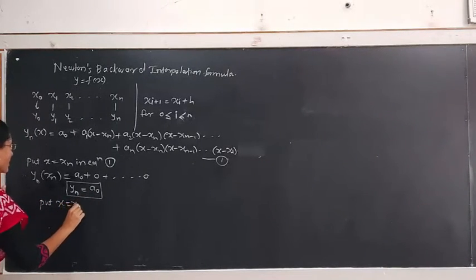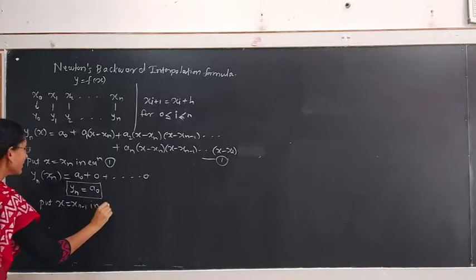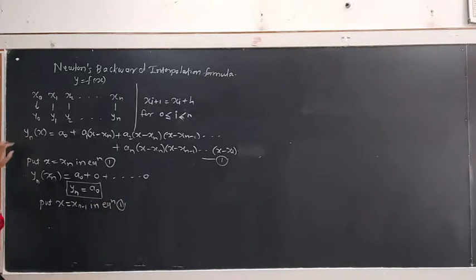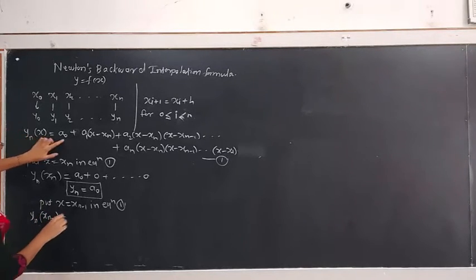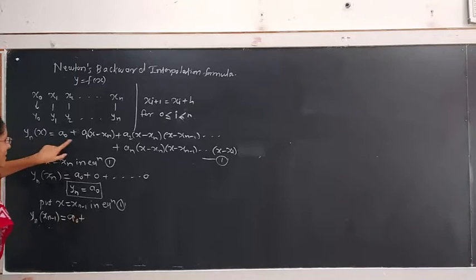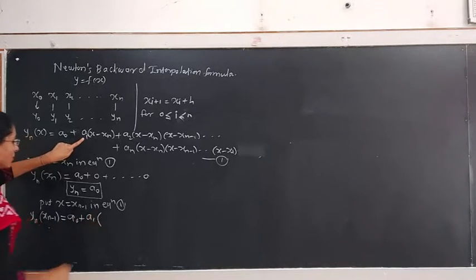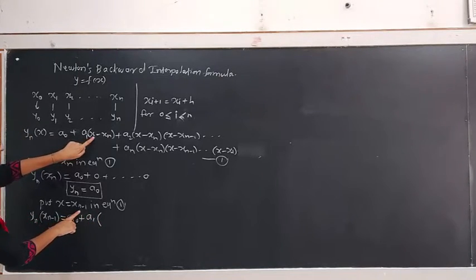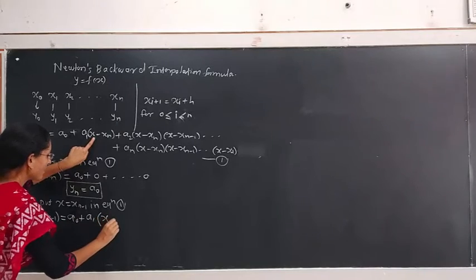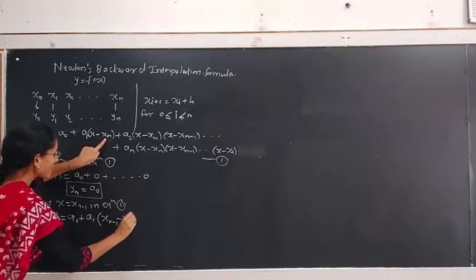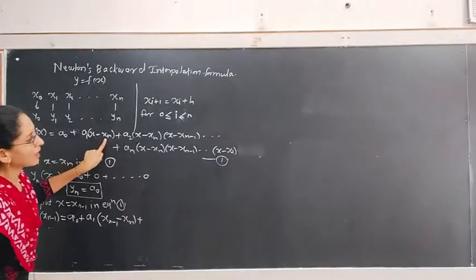Now we put x is equal to xn minus 1 in equation number 1. Hence the left side is yn of xn minus 1, which is equal to a0 plus a1 into, putting x equal to xn minus 1, xn minus 1 minus xn.